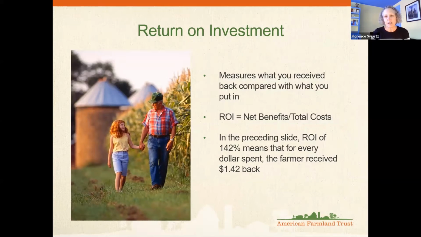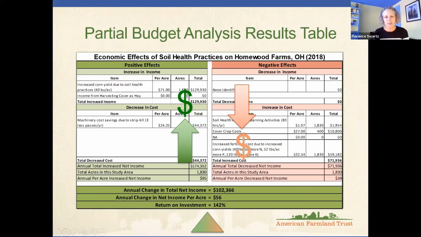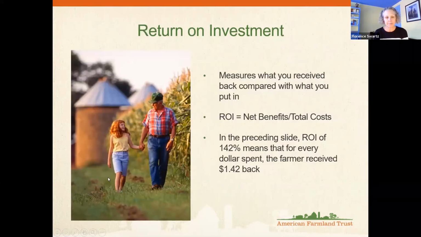ROI equals the net benefits divided by the total cost. If we go back to this workbook table, here is that net benefit of 102,000. We took this number and divided it by the 72,000 cost that we came up with. And that's where that 142% came from.